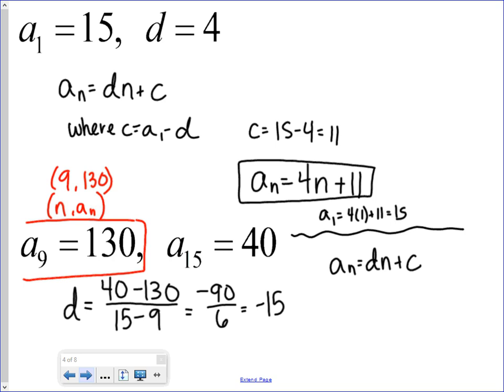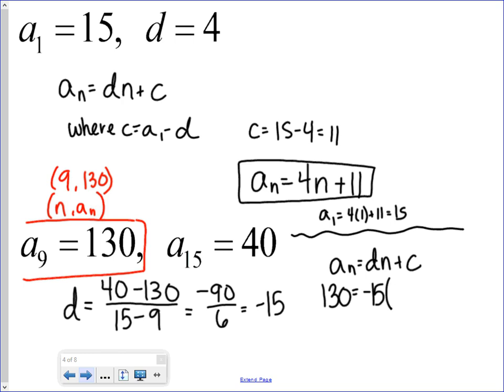So I'm going to go back to my formula over here that I like to use, and where I see a sub n, I'm going to substitute 130. My difference, which I found by calculating essentially the slope, the common difference between the terms, is negative 15.